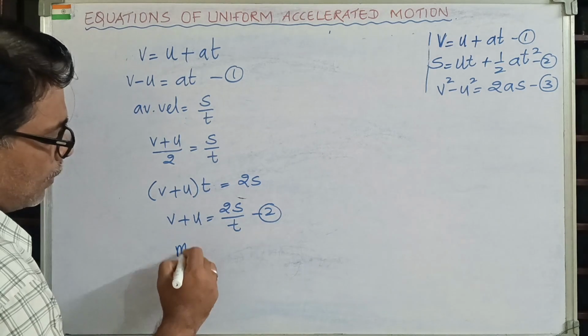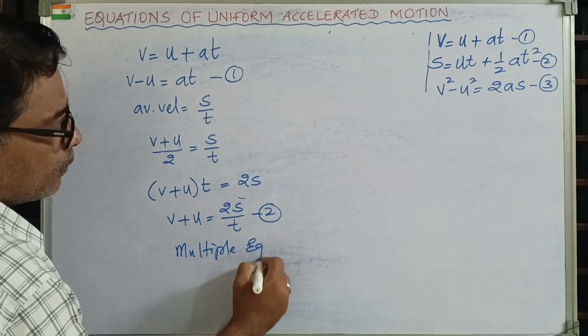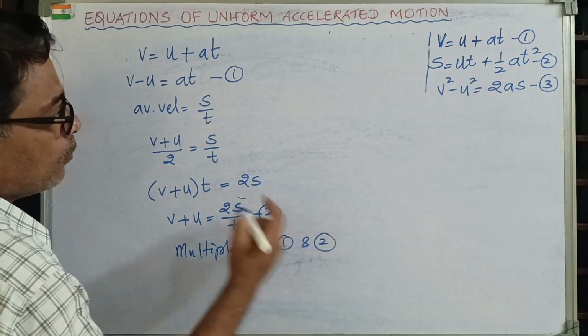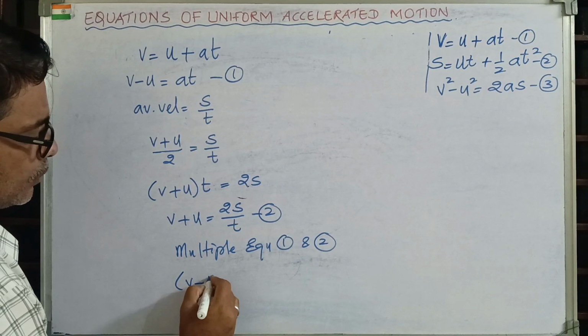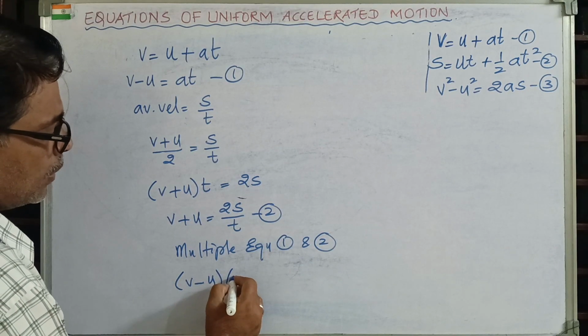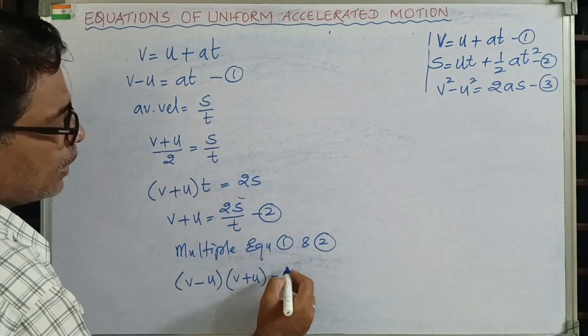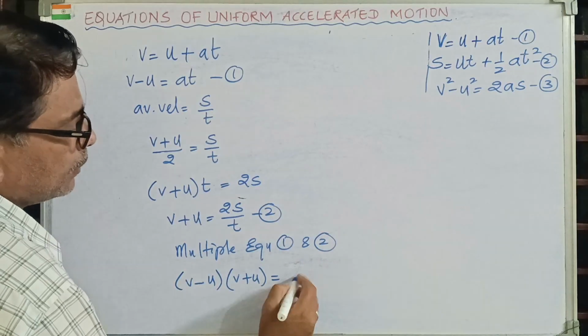Now multiply equation 1 and 2. So what is on the left side for equation 1? v minus u. For equation 2, what is on the left side? v plus u. For equation 1, what is on the right side? It is at.